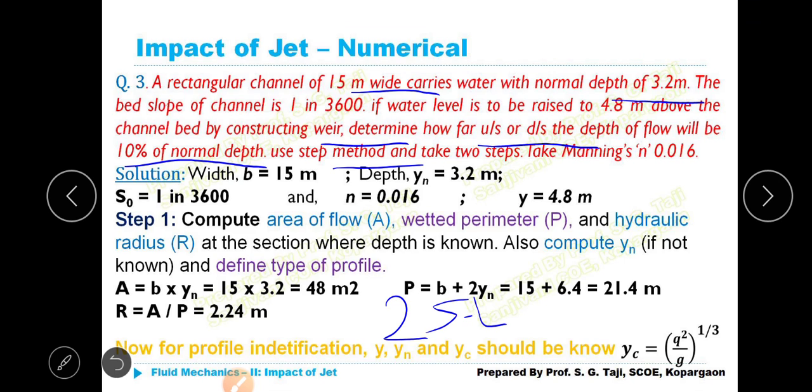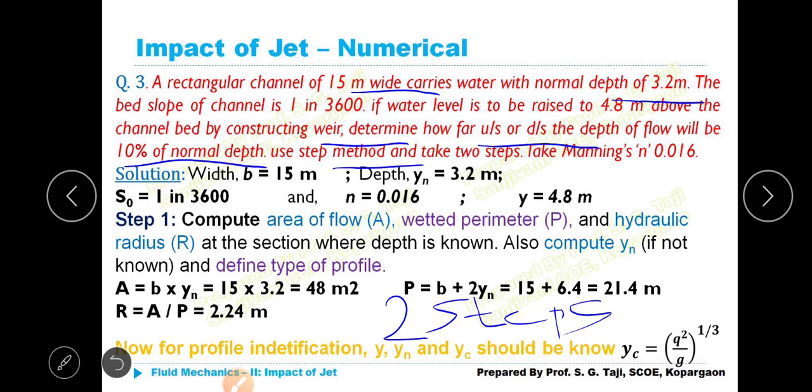Any number of steps may be given, but if students can solve for 1 step or 2 steps, it is as good as solving for any number of steps. Only physical exertion will be there, no mental exertion, because the same thing you have to recalculate for different depths. That theoretical concept you have understood very clearly in the last class itself.